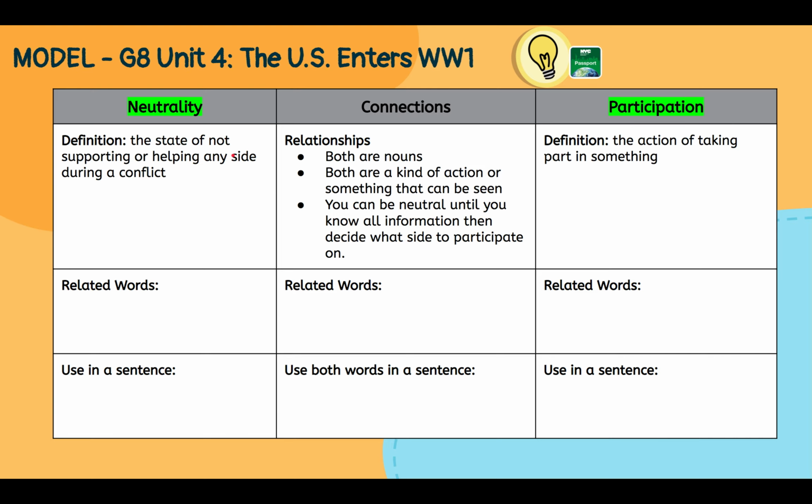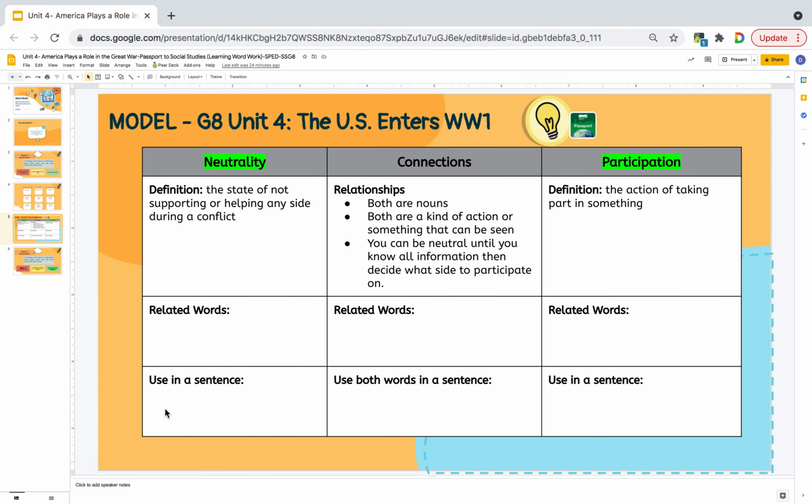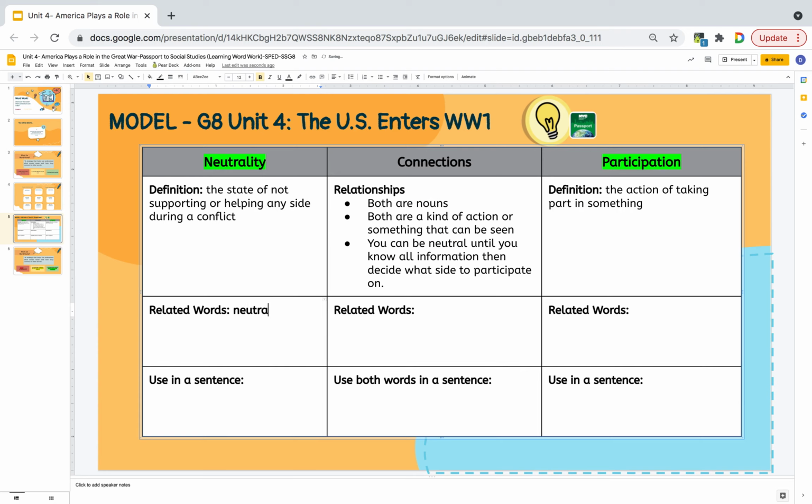So now let's continue with our word work strategy in identifying related words to both of these terms and using them in a sentence. For neutrality, a related word is neutral or unbiased. Maybe plain, peaceful.